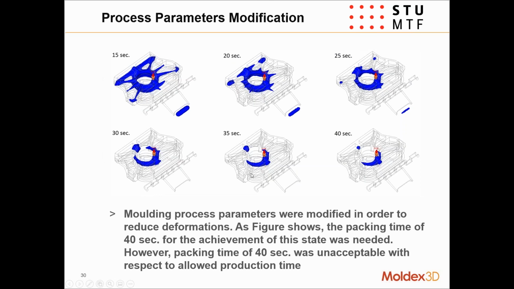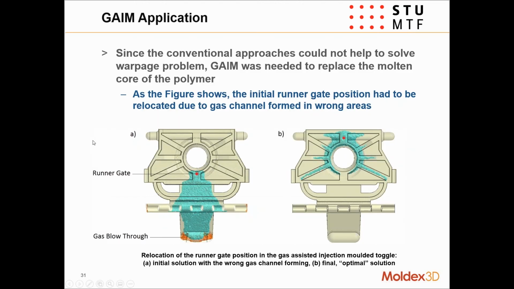So we have to constantly apply pressure for 35 to 40 seconds in order to get a nice part out of here, and that is just absolutely unacceptable. So they needed to look to other sorts of processes in order to figure out what to do with this part.